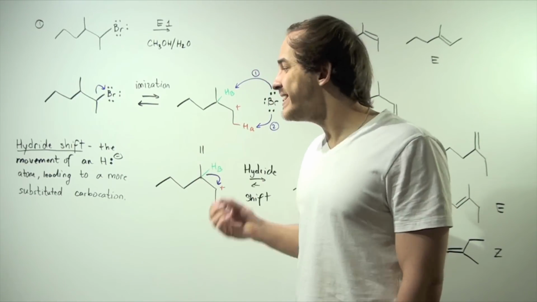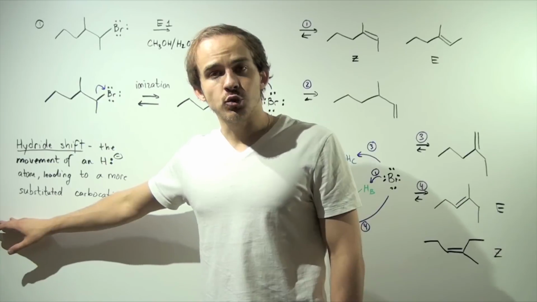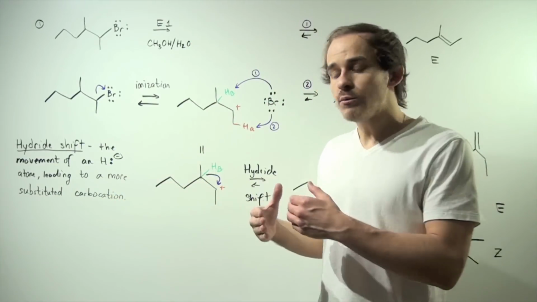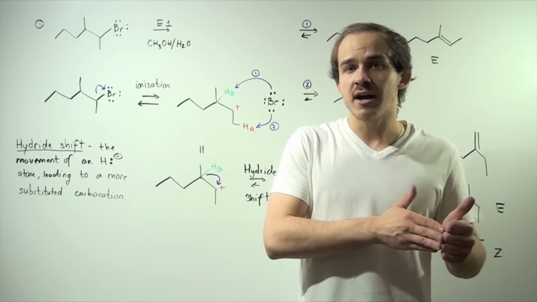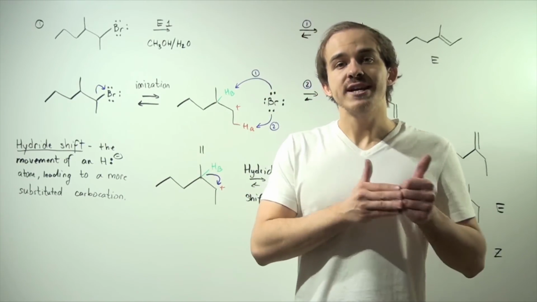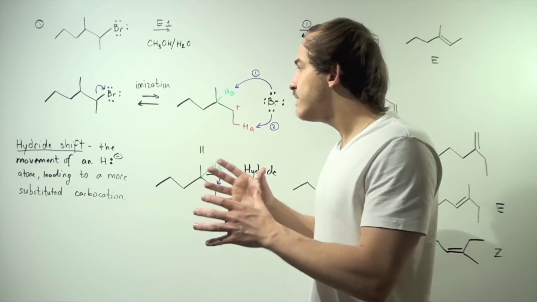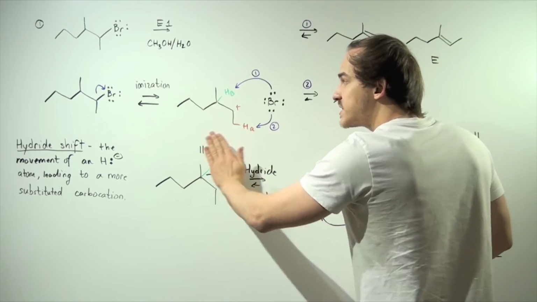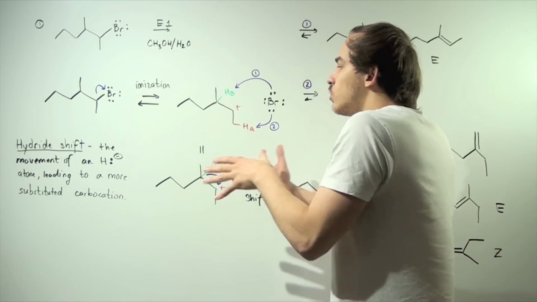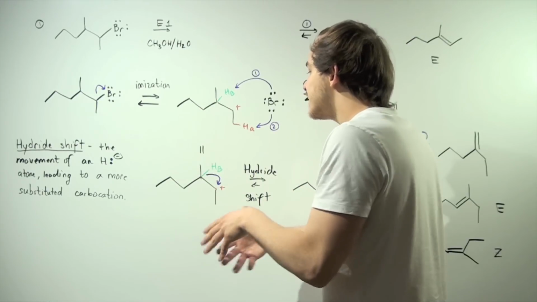Well, usually it leads to a more substituted carbocation. Remember, when we go from methyl to primary to secondary to tertiary carbocations, our stability increases. So that means if we can somehow form a more stable carbocation from this carbocation, that will be good. It will be a stabilizing effect.